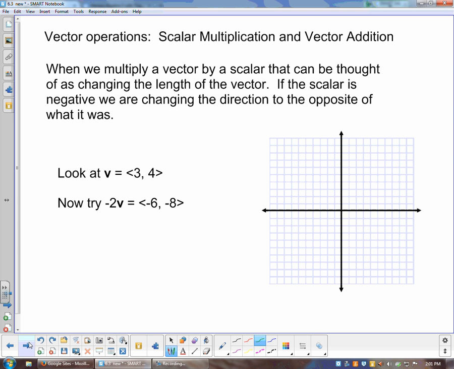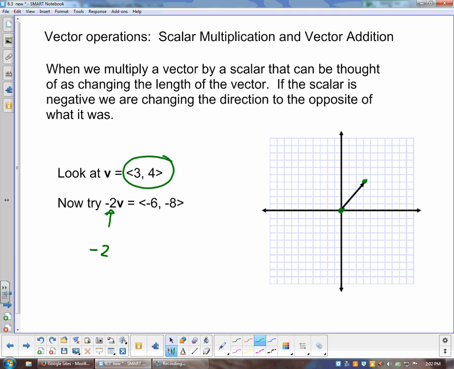If we have vector v as (3, 4), notice the vector parentheses, and so vector v is going to start at (0, 0) and go to the point (3, 4). So that's right here, and it is going to look like this. So there's my vector. And then it says, now try multiplying that vector by the scalar -2.